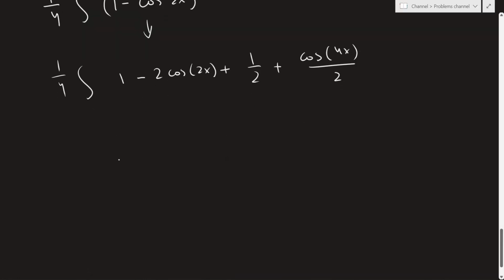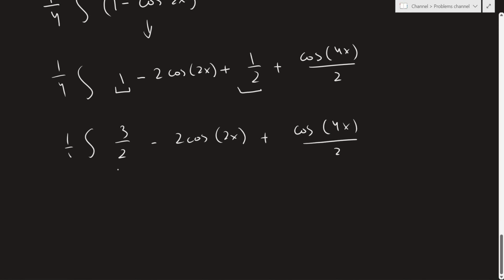Okay, and now we can integrate. But before integrating, we can simplify here. 1.5, so it's going to be 3 over 2 minus 2 cosine 2x plus cosine 4x over 2. Okay, so the integration of 3 over 2 will be 3 over 2 x minus 2 cosine is sine, and don't forget whatever is inside we divide by it. So 2x divided by 2.